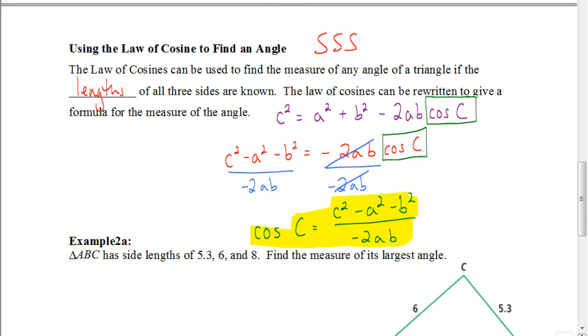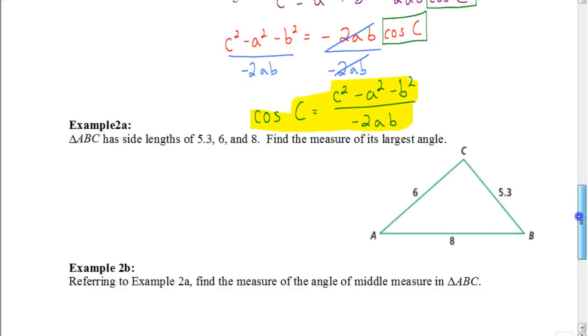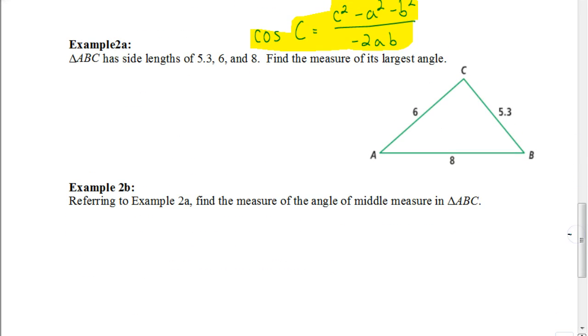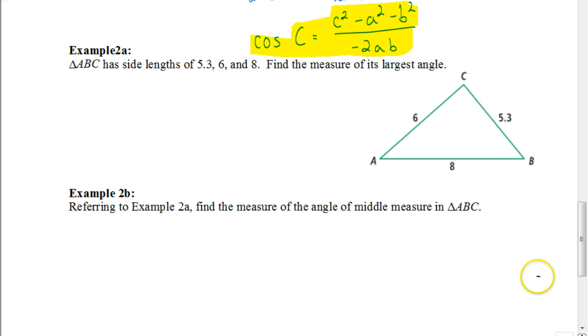So let's look at an example where we're going to apply that. Here, this is triangle ABC, with side lengths of 5.3, 6, and 8. Find the measure of its largest angle. How would we know that? Well, in a triangle, if you're asked for the largest angle, that's going to be across from the longest side.